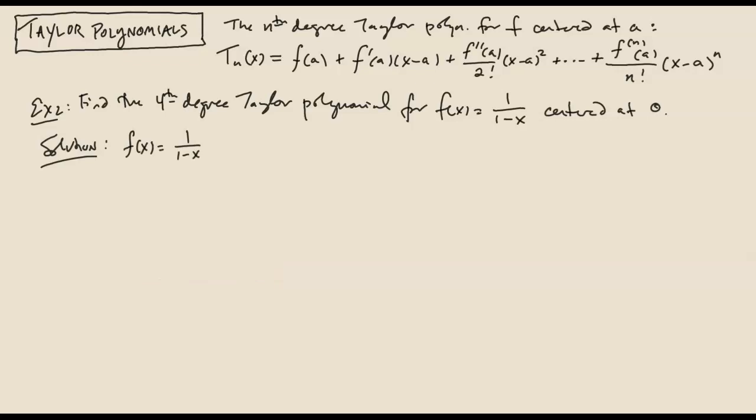Here's f of x, and it's going to be easier to take those derivatives if I write that with a negative exponent instead of a fraction. And when we start taking derivatives, we'll notice a nice pattern develop. Here we get minus 1 minus x to the -2, but don't forget the chain rule. I have to take the derivative of this stuff on the inside, which gives me another -1. So that's going to get rid of that negative. Let's move on to the second derivative. We're going to get -2, 1 minus x to the -3, but again, don't forget the chain rule, which clears out that negative.